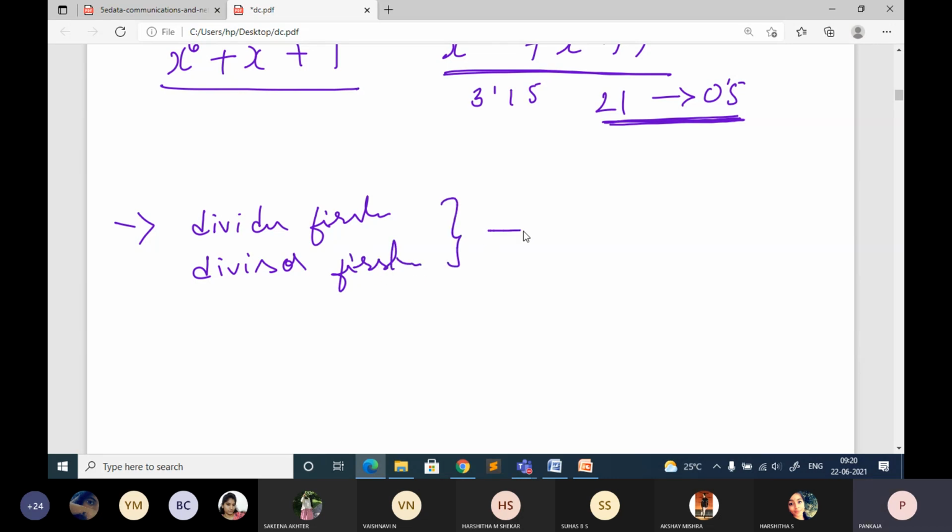So when you do this, you are going to get the first term of the quotient. Okay, just remember, once we solve one problem, you will come to know. So you will be getting the first term of the quotient.